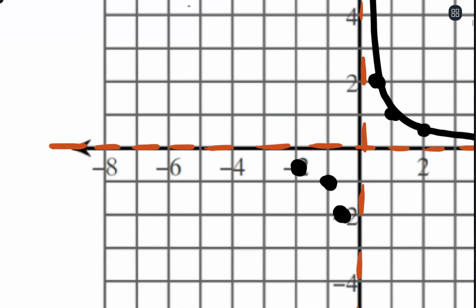Now I focused on this positive side, but the same thing is happening down here on the negative side. So like if we plugged in negative 100, we'd be getting negative 1/100th. So again, infinitely close to 0, it's just on the negative side, so it's underneath the x-axis. So on the left-hand side of our graph, we're coming from very close to 0, and then we're going to connect with our little 3 dots that we graphed already.